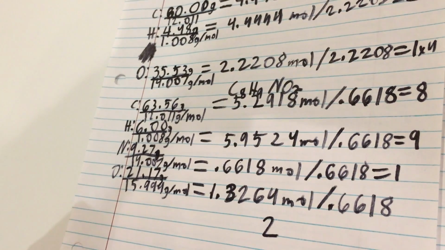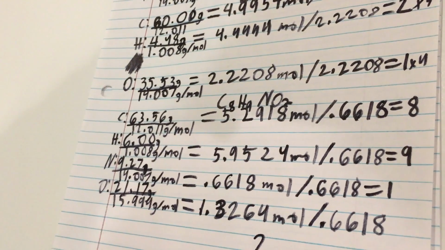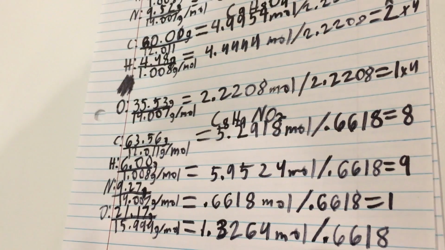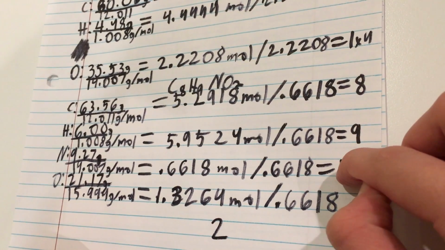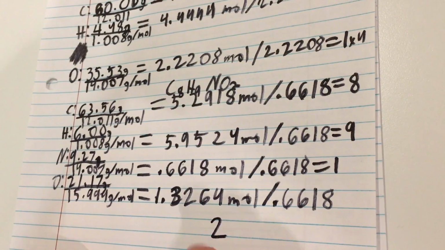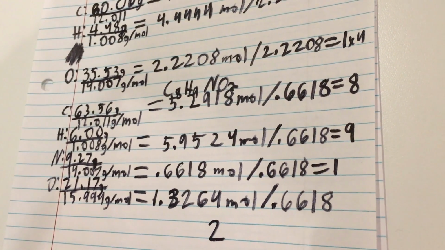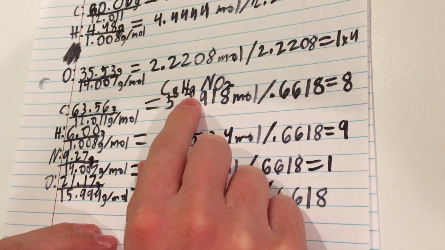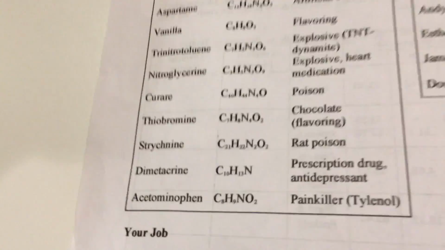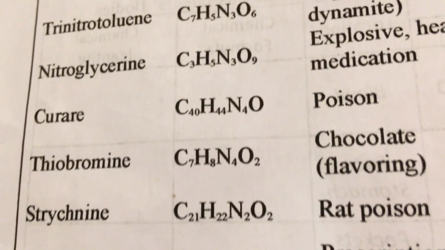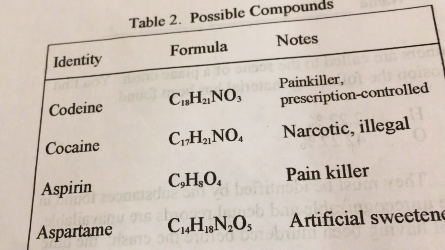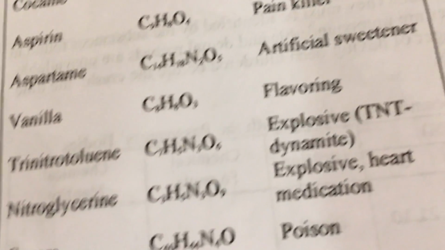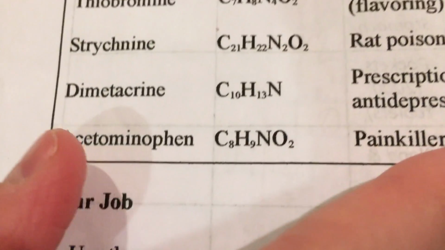I divided it by what nitrogen was, and for carbon it was 8, hydrogen was 9, and nitrogen was 1. Oxygen it was 2. So my formula was C8H9NO2. And here you can see that it was also a painkiller, Tylenol.